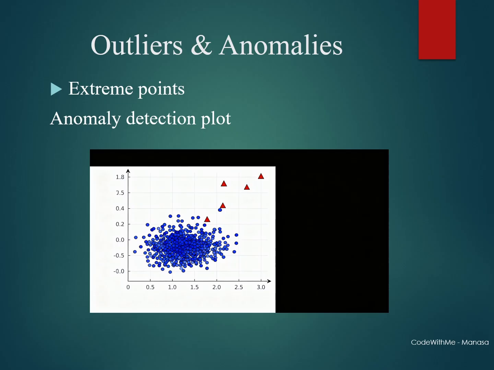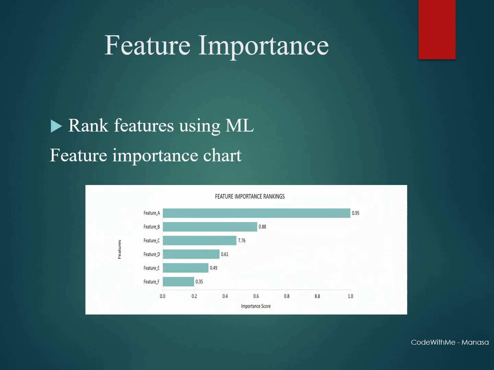So let's see the importance of a feature. Machine learning algorithms can also tell us which features are most important. Feature importance helps us remove unnecessary features. So identify key drivers of prediction, improve model accuracy, simplify the dataset. This step is often done after initial exploratory data analysis. So we have a feature importance chart here.